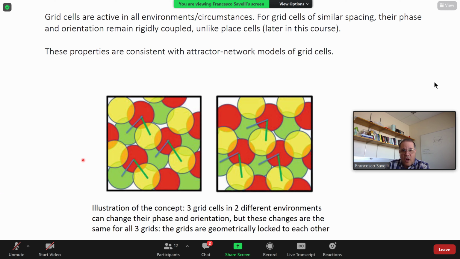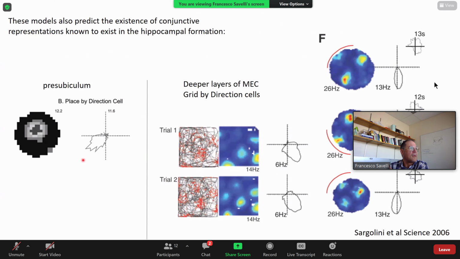And that is also a consequence of this model, the theoretical model based on a toroidal attractor network, just as much as the angular consistency of head direction cells was a consequence of the ring attractor. So this is why, this is one class of models.